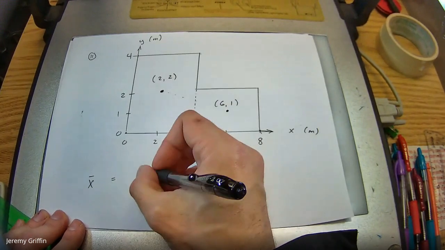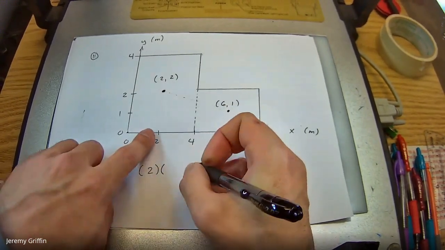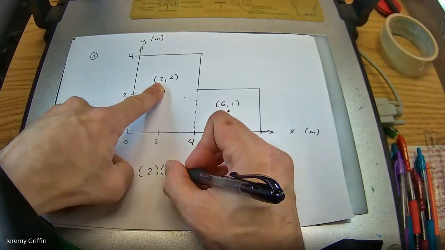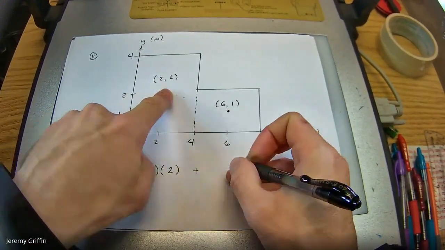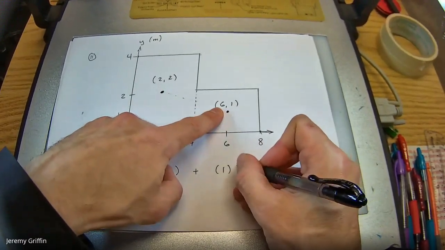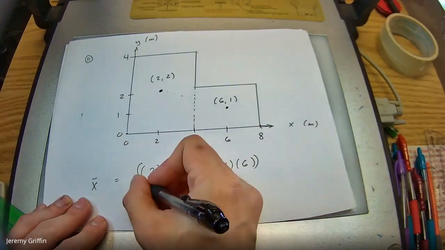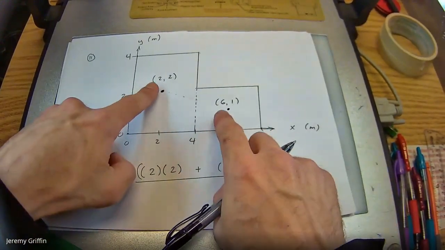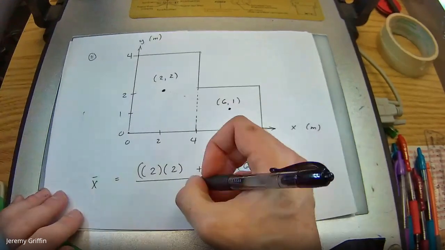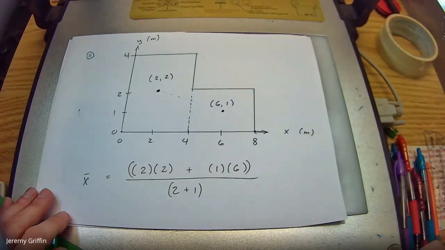So let's do 2 units of area times an x bar of 2, plus 1 unit of area times an x bar of 6, then all divided by the sum of the mass, which is 2 plus 1.